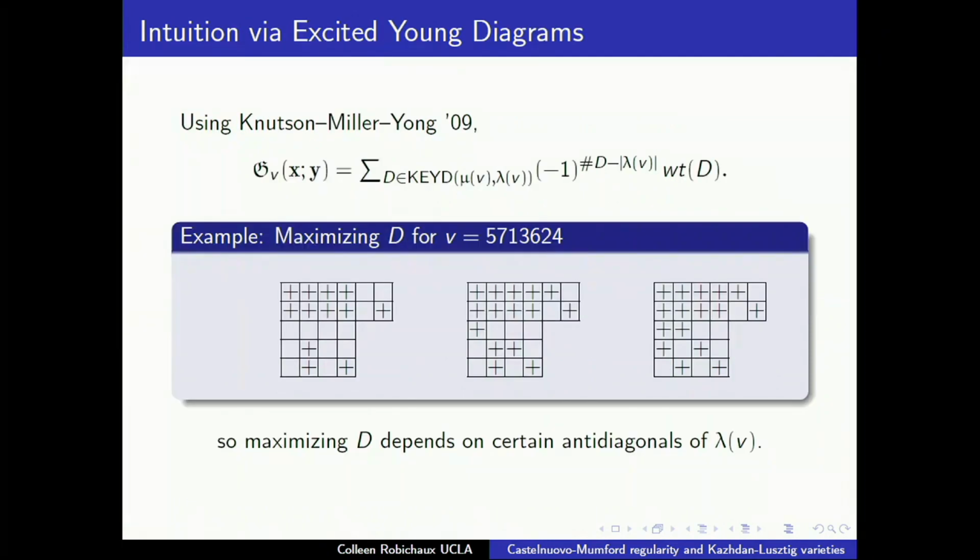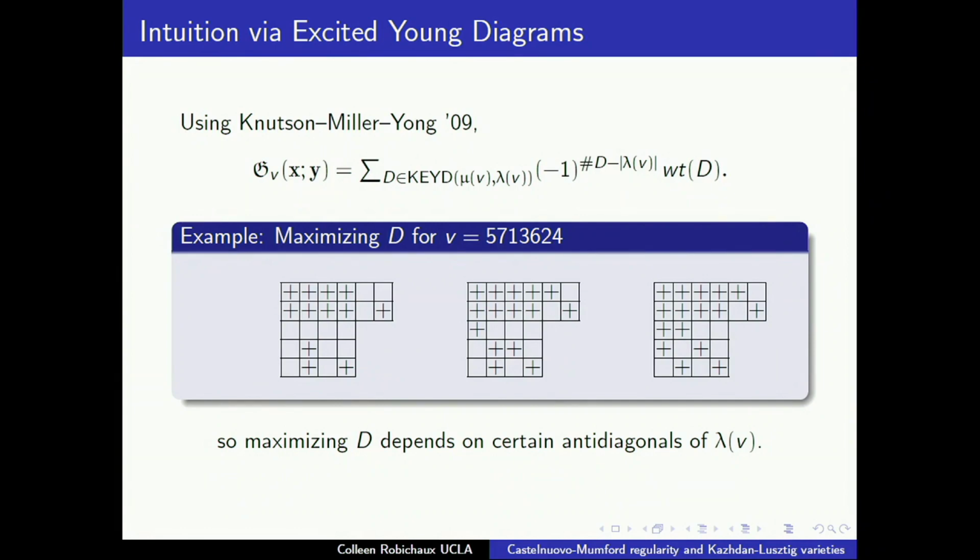All right, so how does this pop up in terms of what we've been discussing? We can actually think about these vexillary Grothendieck polynomials precisely in terms of these K-excited Young diagrams. You might be familiar that for every vexillary permutation, we can associate it with a pair of Grassmannian permutations, which you can read off by just looking at the Rothe diagram for that vexillary permutation, which we'll see an example of.